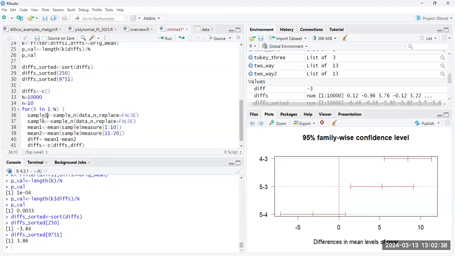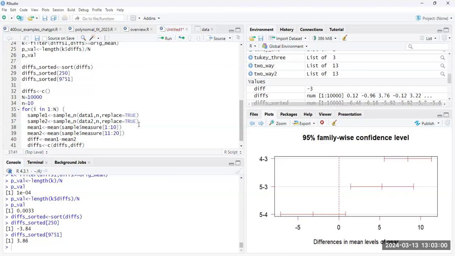So we're going to have sample 1 and sample 2, and we're going to sample from data 1 and data 2. Remember, we converted our X and Y vectors to individual data frames, and we're going to set for the bootstrapping replace equals true.